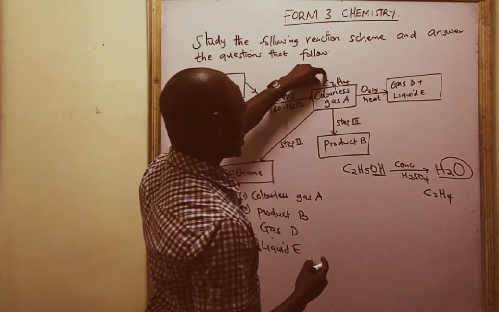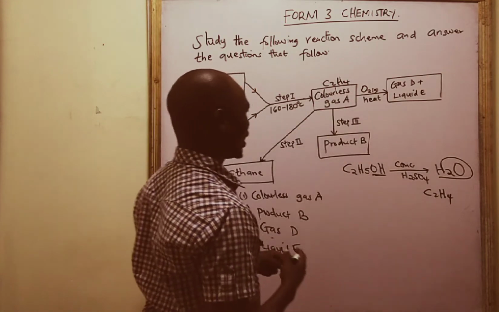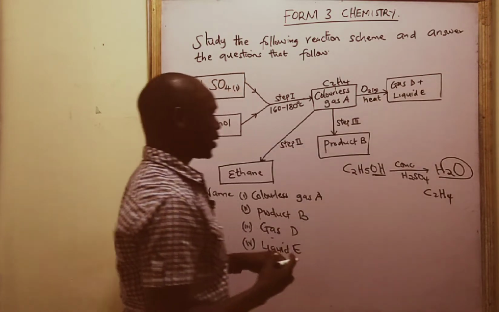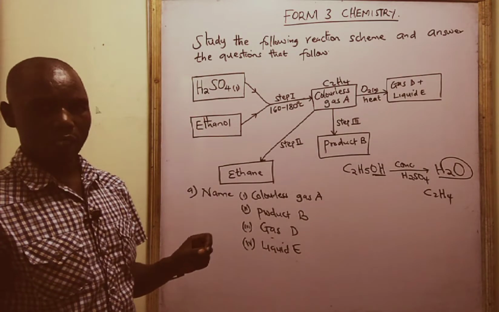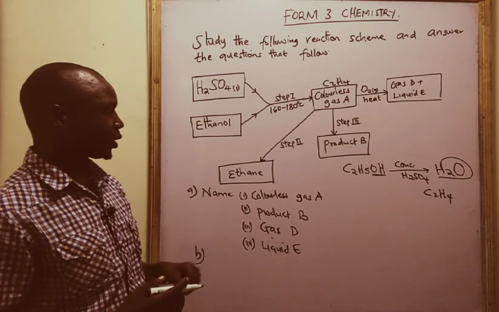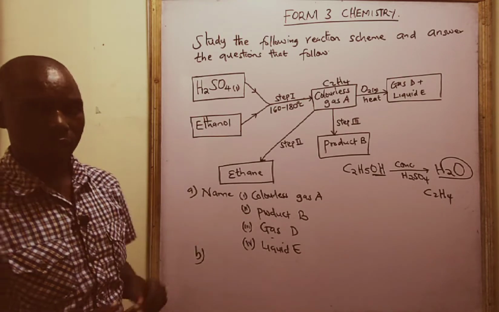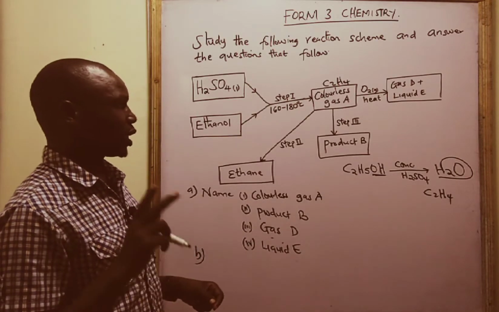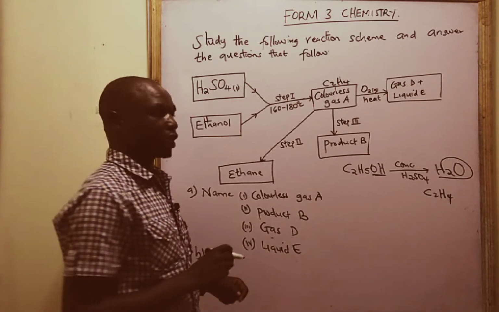Then ethene gas is burnt in air to produce gas D and liquid E. And anytime you are burning an organic compound, expect only two products, that is carbon dioxide and water.